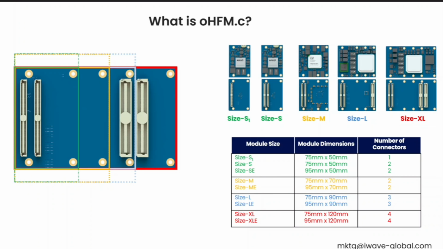So in total we can get 16 high-speed transceiver banks from size XL. Also, if we are going for an RF-based SoC, there is an alternate function defined as part of the spec, which allows us to take 8 ADC and DAC channels from connector 3, and also 8 ADC and DAC channels from connector 4.